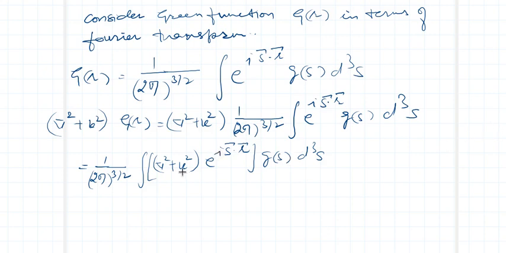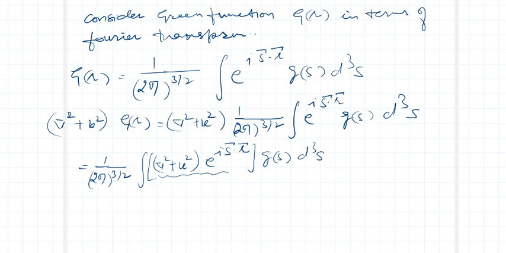So if I try to look at this part, it is del square e raised to power iota s dot r, and let us try to look at how it will become. So let us proceed as follows.